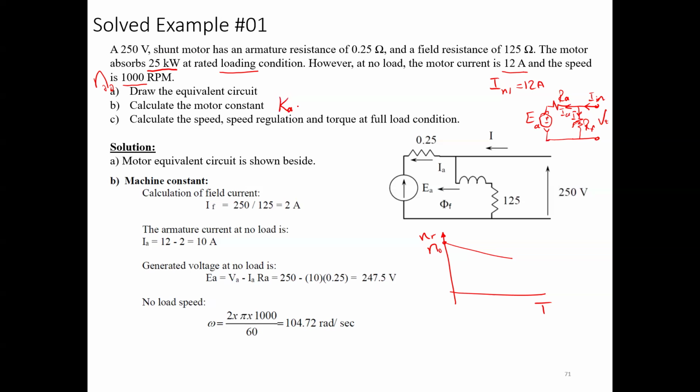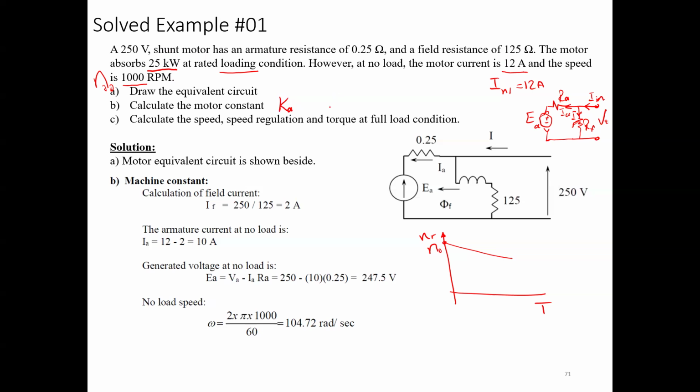So we have now two operating conditions, rated and no load, but we don't know a lot of data for the rated, just the amount of power at rated. And for no load, we know the current and speed. So how can we calculate that?